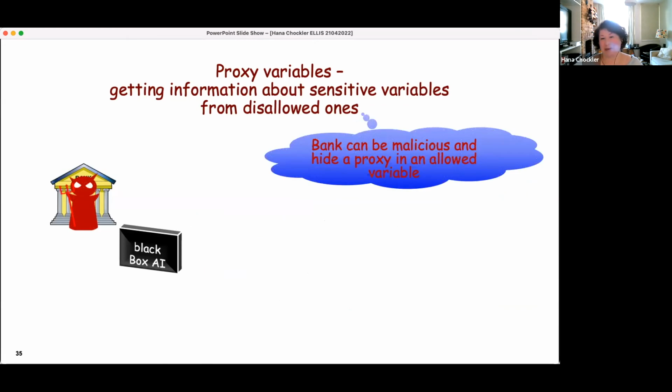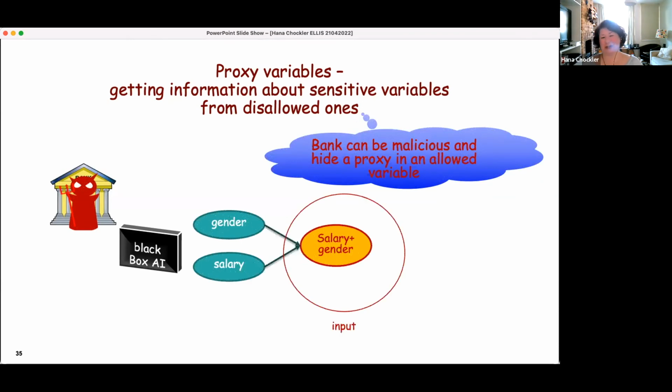Another example is that a bank can be malicious and hide the proxy in an allowed variable. For example, if we have gender and salary. Salary is an allowed variable and it was given on the forms, but when the bank prepares the input for the system, it somehow hides the gender in the salary. For example, by rounding the salary of men to the nearest whole pound and adding 50p to the salary of women.